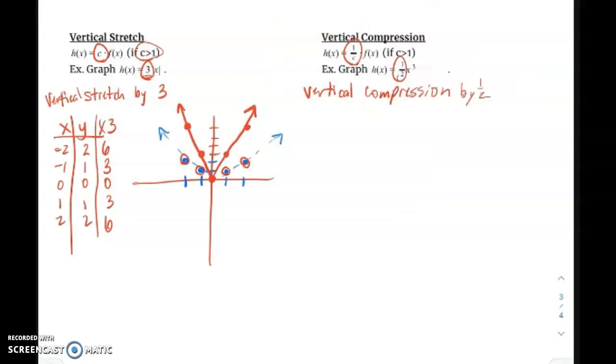Okay, this one, you can do the same table method where you just multiply the y's by 1/2. Or let's just do the parent graph version. So x cubed is the function. x cubed has 0, 0, 1, 1, 2, 8, -1, -1, and then -2, -8.